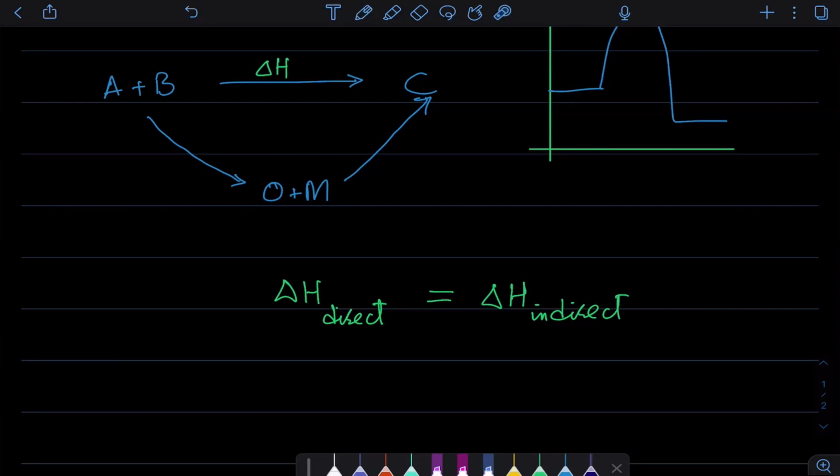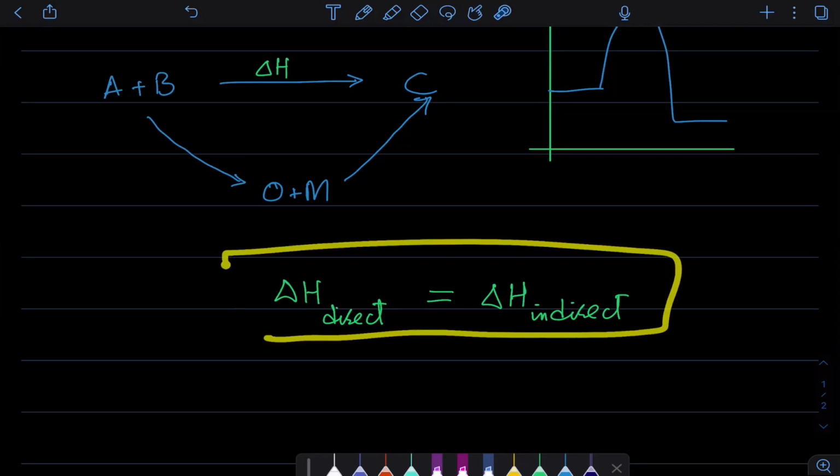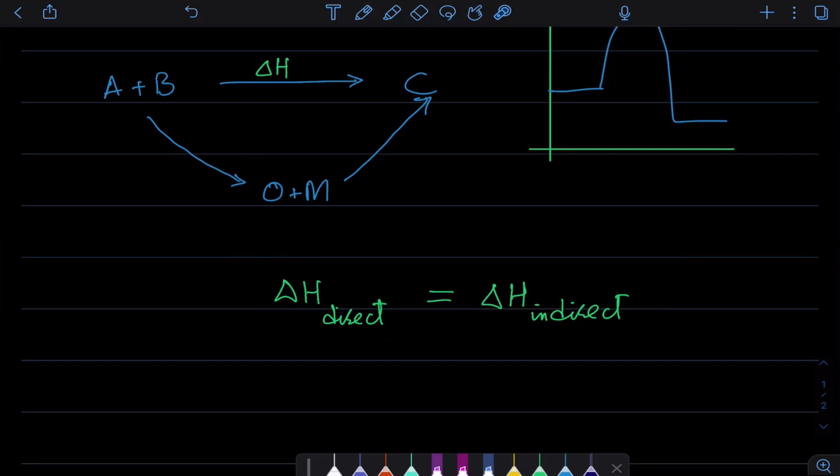In many cases, you might want to write this O plus M yourself and then figure out the missing part using this. But if you're clear with what Hess cycle is, then that is this. ये चीज आपने ज़हन में रखनी है. So what's your job? Any question on Hess law? Identify two paths, one direct, one indirect, and then put them equal.